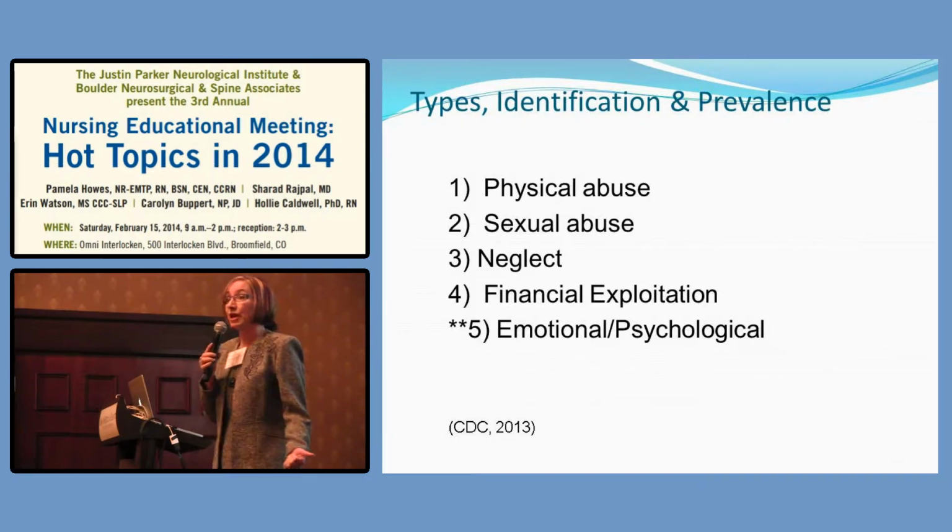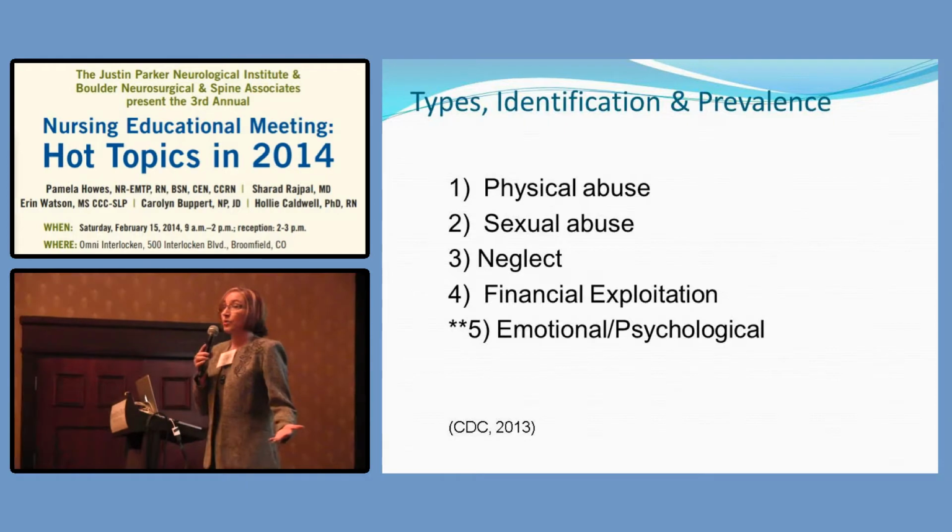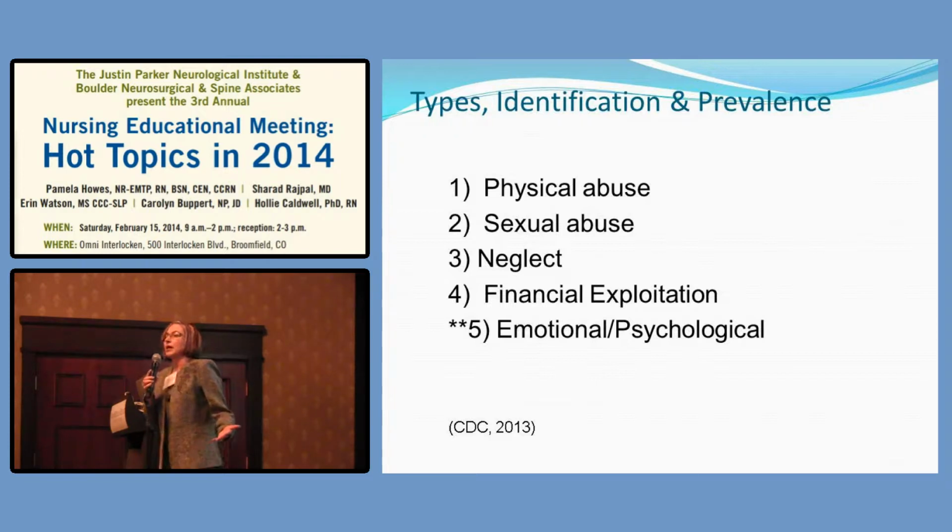So STD contraction, so if you have an older adult that is suddenly coming to see you because they've got something going on where they're having STD symptoms, that could be a sign that they've been sexually abused, just like we see with children. Also, any bloody stained clothing, bruising in any of those physical areas that I've mentioned, or an older adult's report that they have been sexually abused.